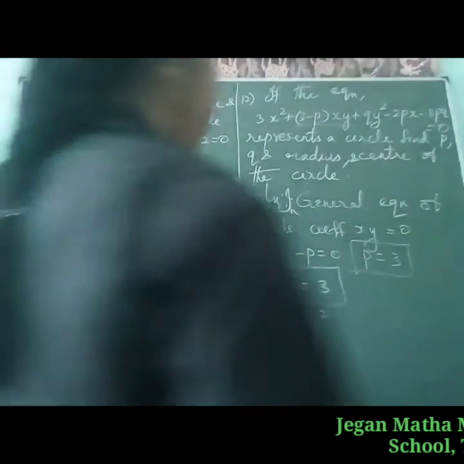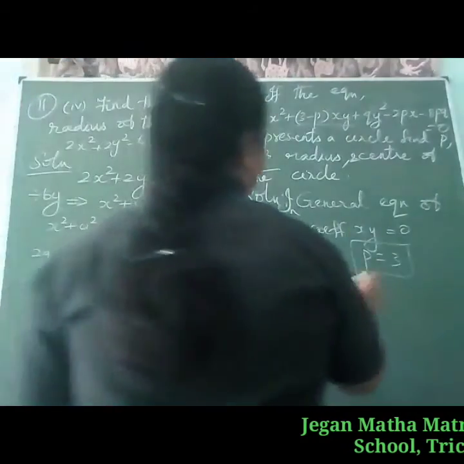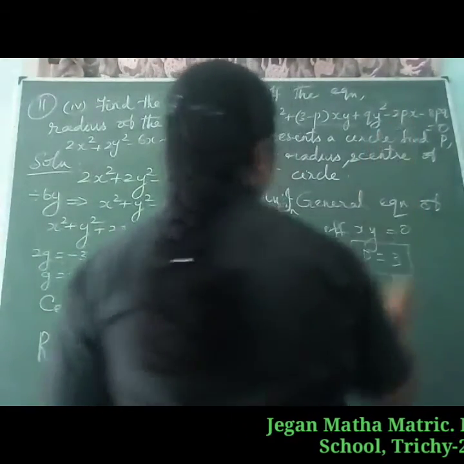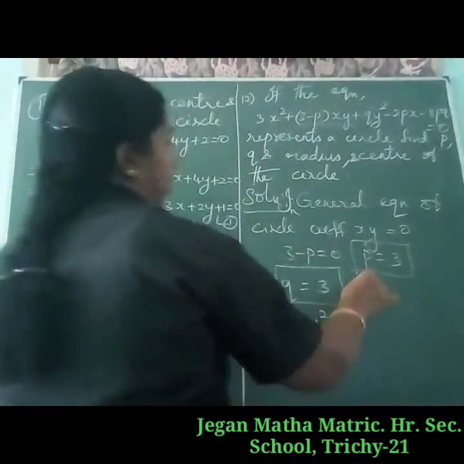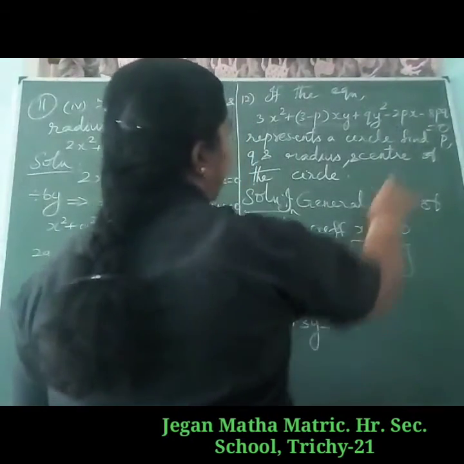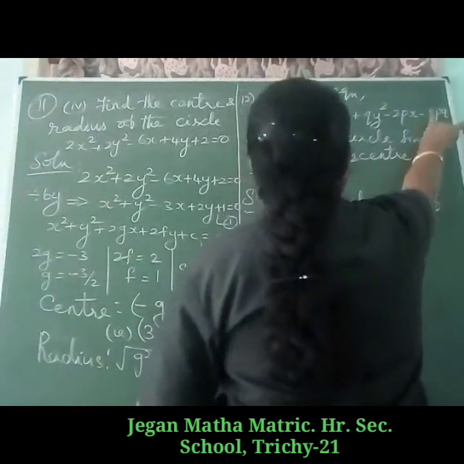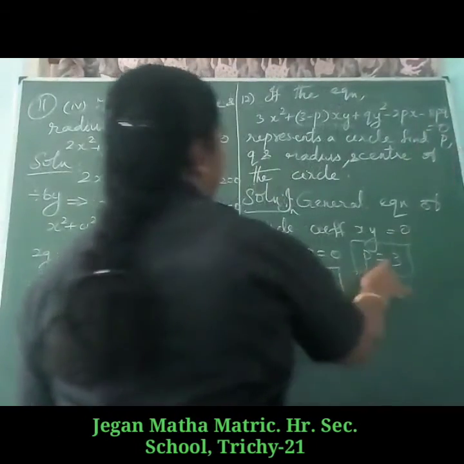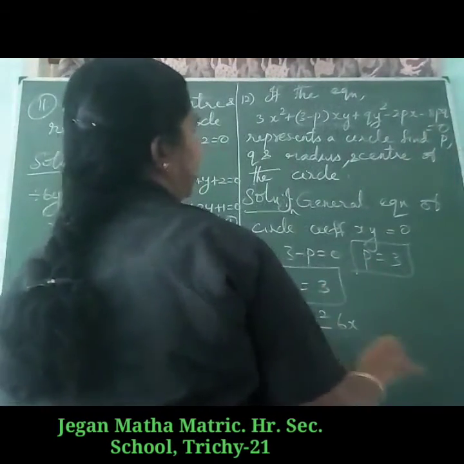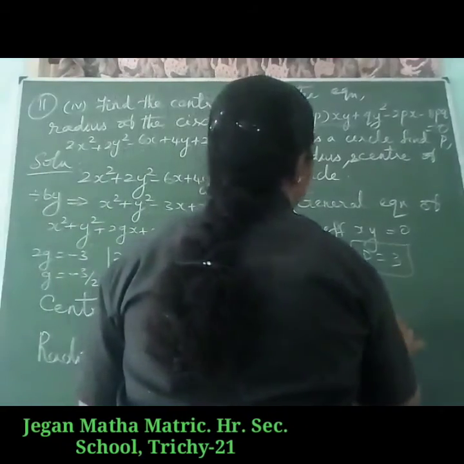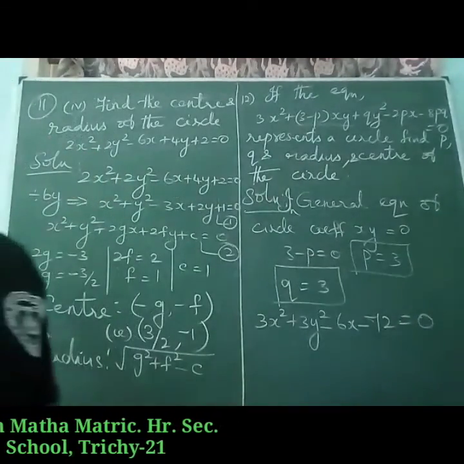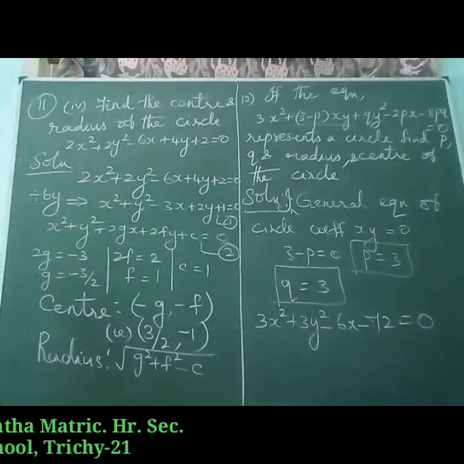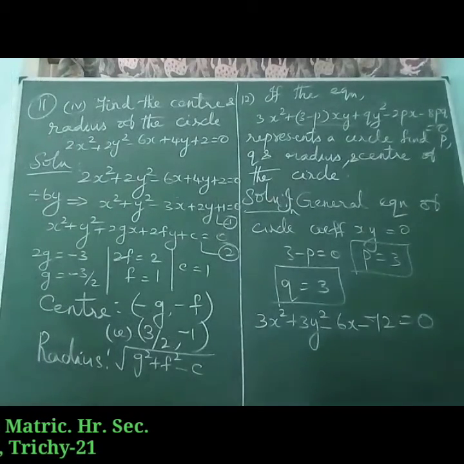So p is equal to 3, so minus 6x, then q equal to 3. So 8 into p cube, 3 3s are 9, 9 8s are 72. Minus 72 equal to 0. So 3x square plus 3y square minus 6x minus 72 equal to 0.